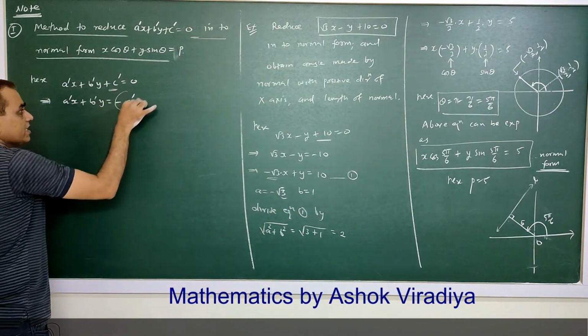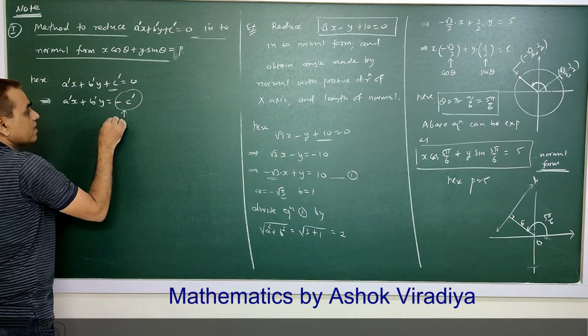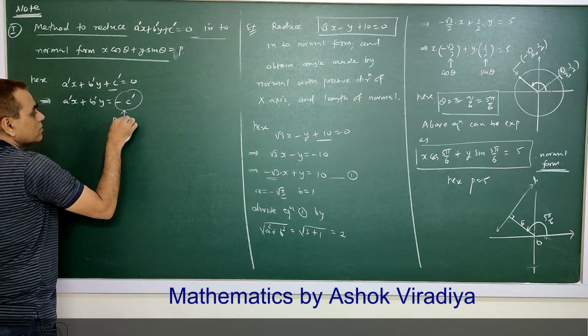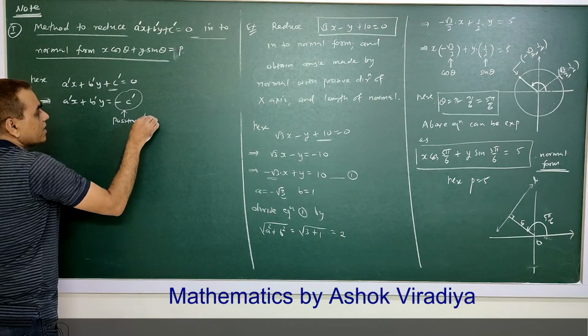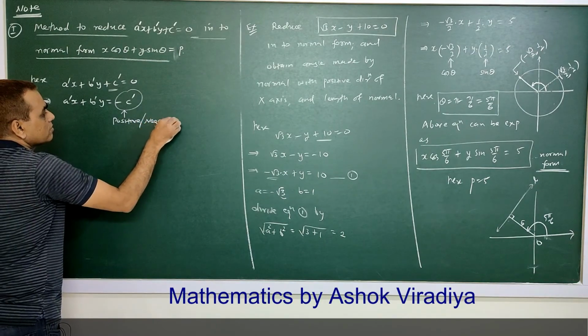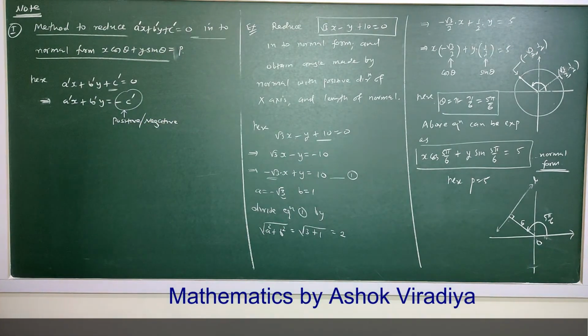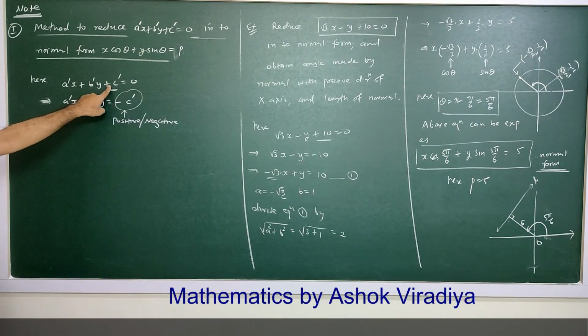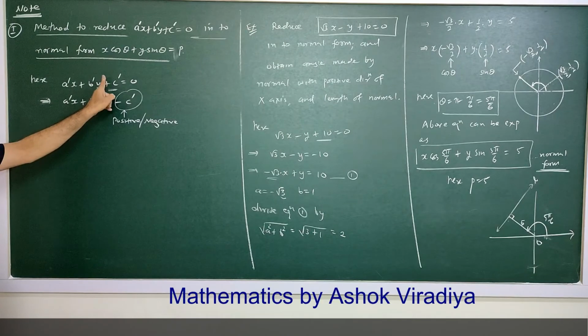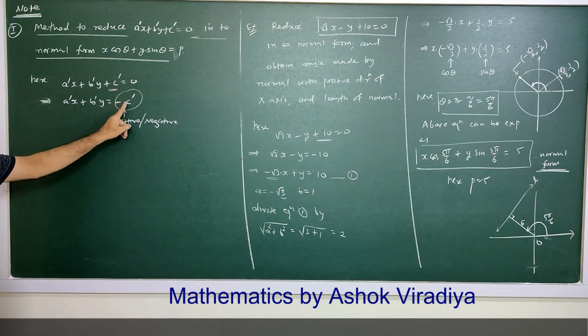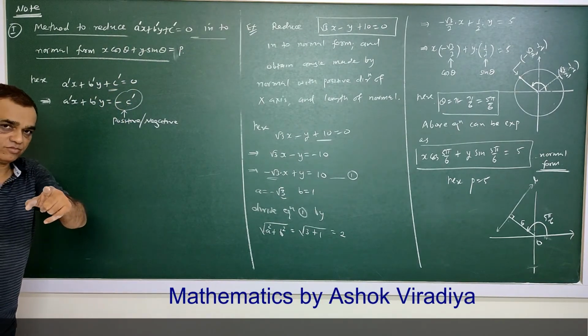Now this can be positive or negative. So the minus sign being visible does not mean that it is negative. If c dash is negative, then shifting it to the right side, minus c dash will be positive.